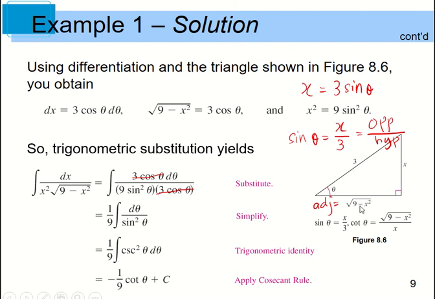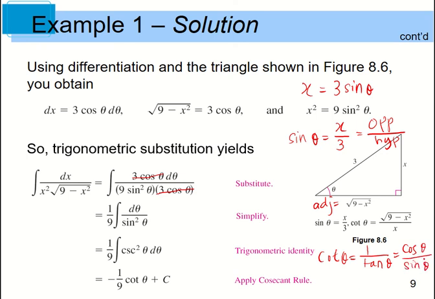Since sine theta is x over 3, we can use this triangle to find the cotangent theta. Cotangent theta is 1 over tangent, which is actually cos theta over sine theta.